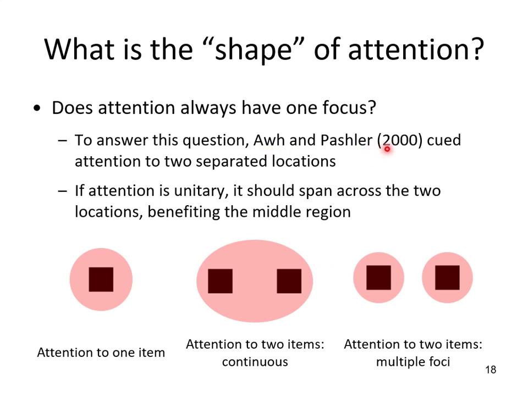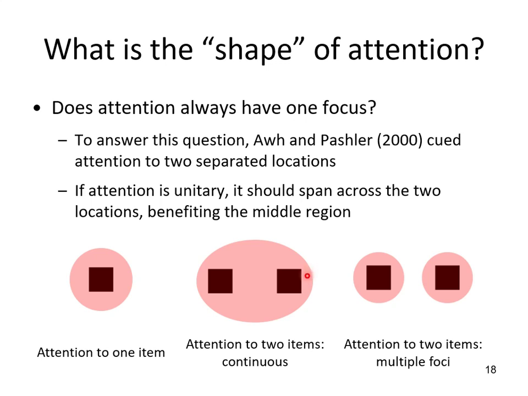So O and Peschler 2000 have done an experiment. Usually we ask people to detect one target, and then we assume one attention is covering these objects. Now, what about two objects? If I cue two locations and the people are to detect two objects, then what will happen?